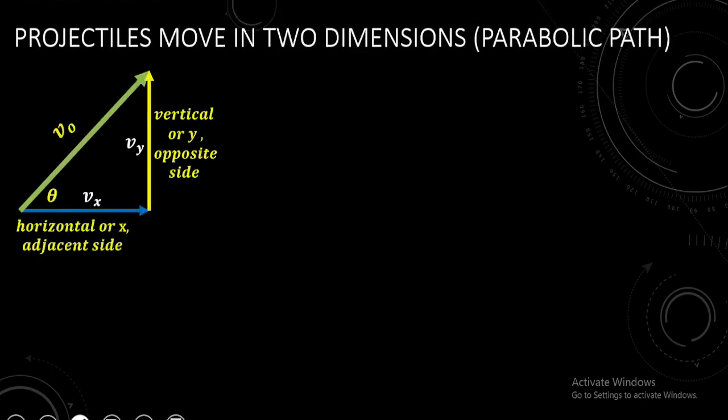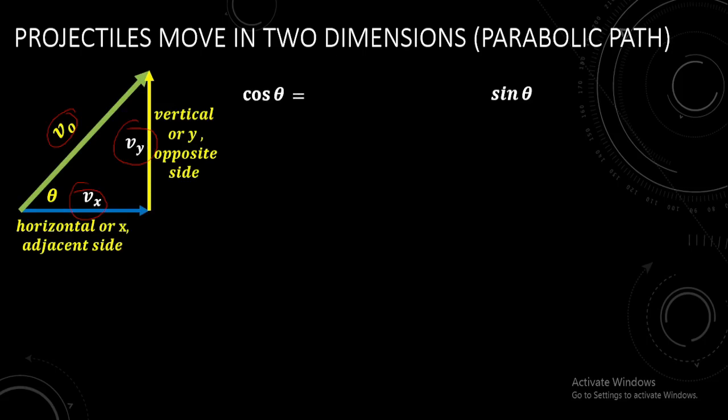Now, replacing it with the concepts that we learned that we need for projectile motion, we have v sub o, v sub x, and v sub y. We can now use cosine theta and sine theta. We'll start with cosine theta first.